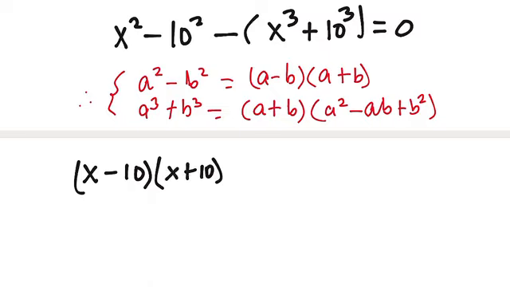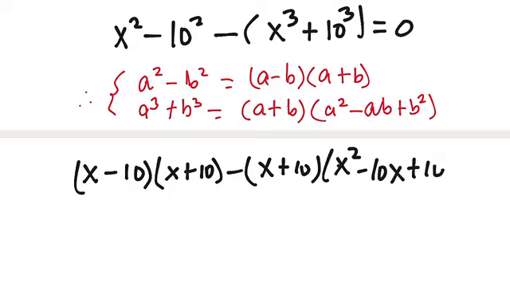Then minus, x to the power of 3 plus 10 to the power of 3 will be x plus 10 times x squared minus 10x plus 100, then all equals 0.